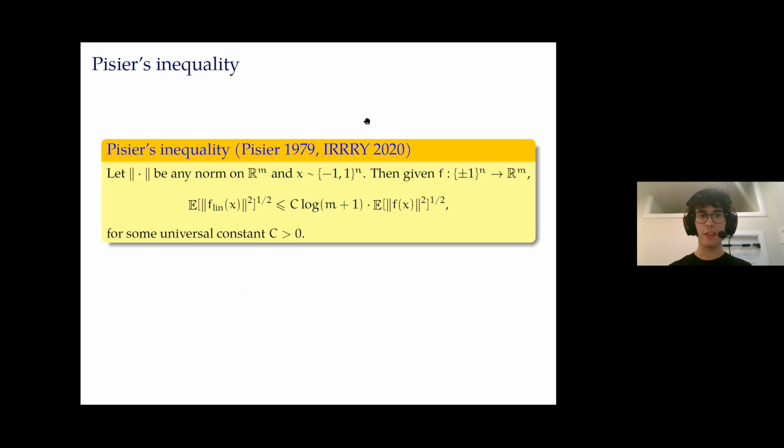So basically for any norm you have in R^m, if you sample this plus or minus 1 vector in m dimensions, and we apply any vector valued function, then the L2 norm in terms of this other norm of the linear term will always be upper bounded by this log factor times that of the original function.